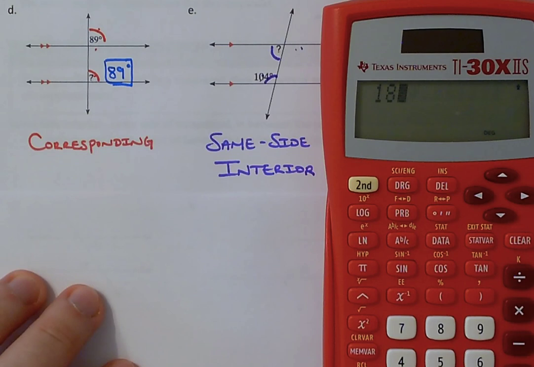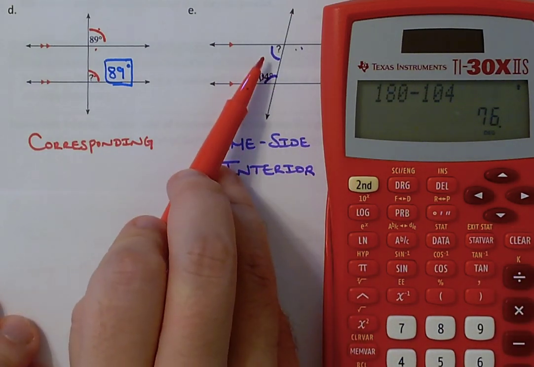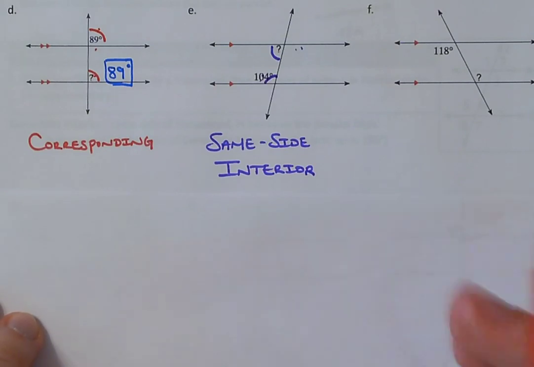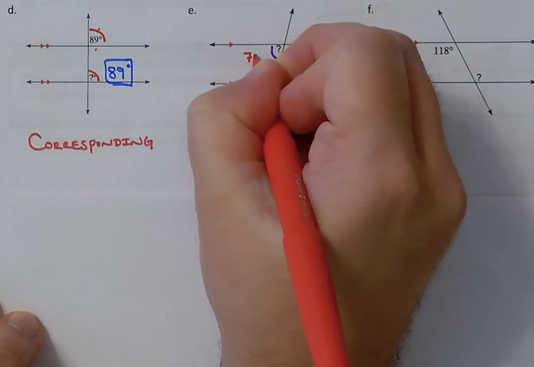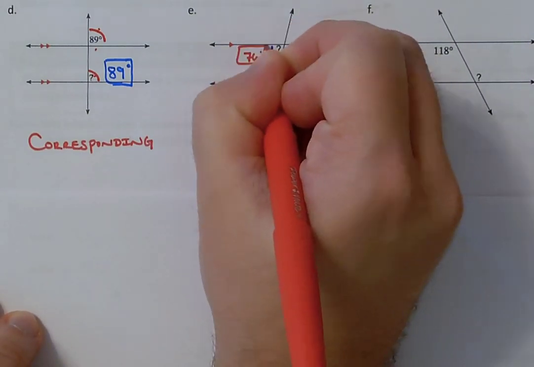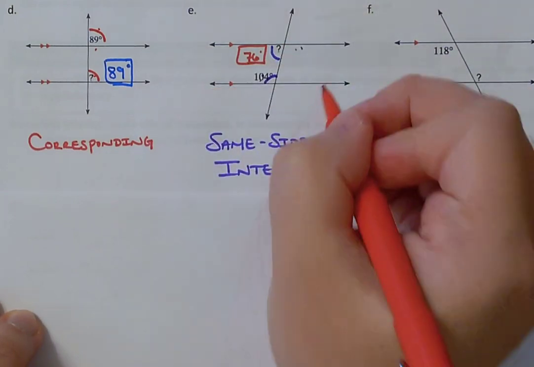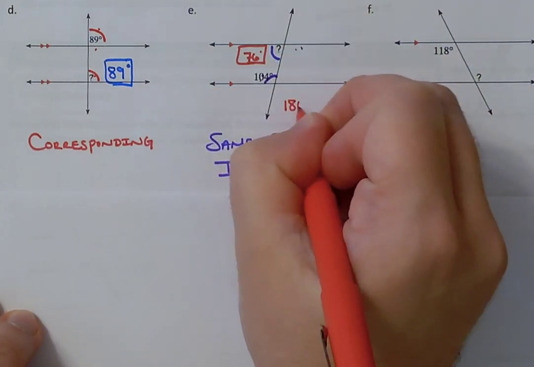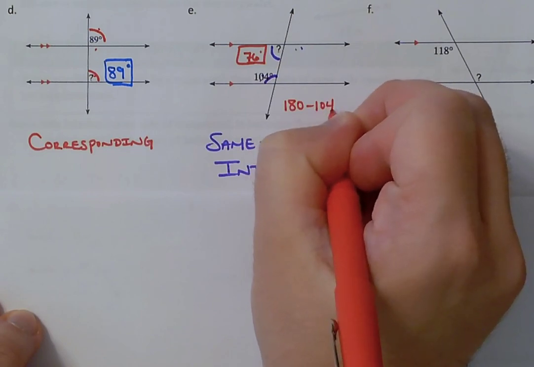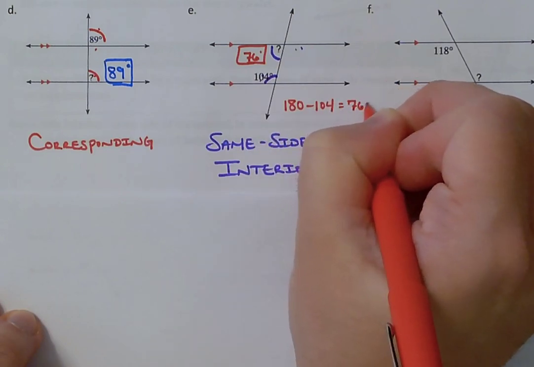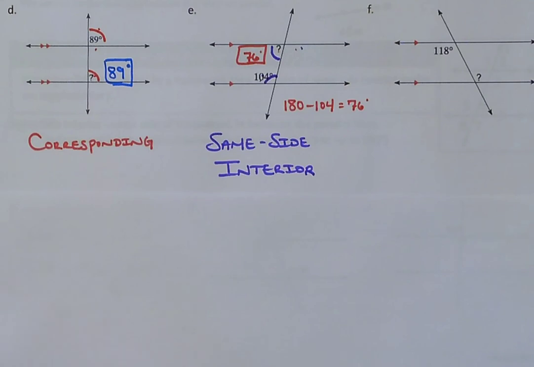So we do 180 minus 104, and we end up with 76 degrees for this angle right here. And again, I get 76 because I'm doing 180 minus 104 to get that 76 degrees. Anytime that you are saying they are same side interior, they have to add up to be 180.